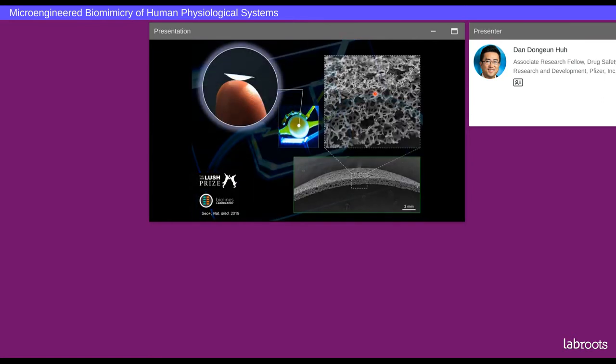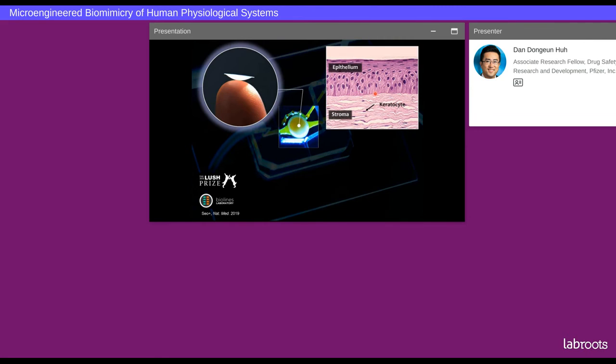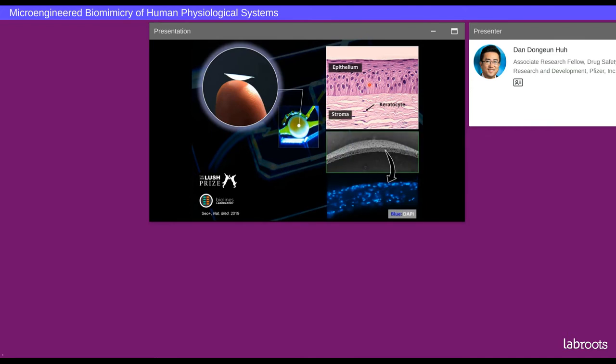We use a 3D, highly porous scaffold that looks like contacts. To mimic the multi-layered tissue architecture, one of the first things we do is inject hydrogel mixed with primary human keratocytes into the cavities of the scaffold.